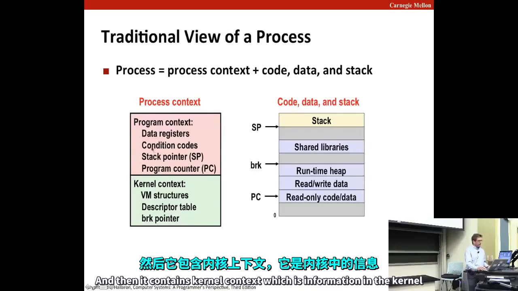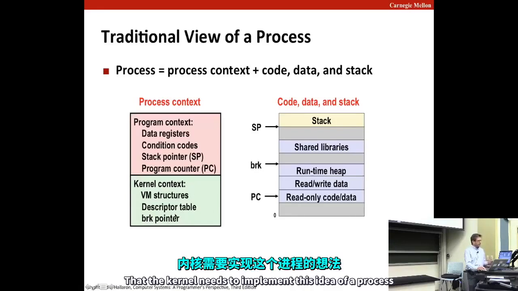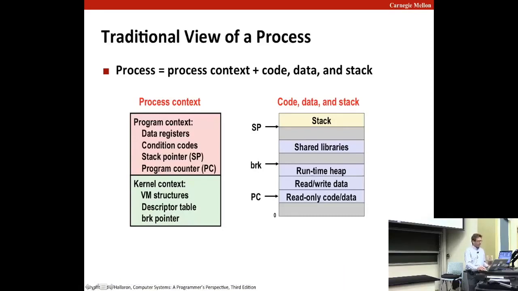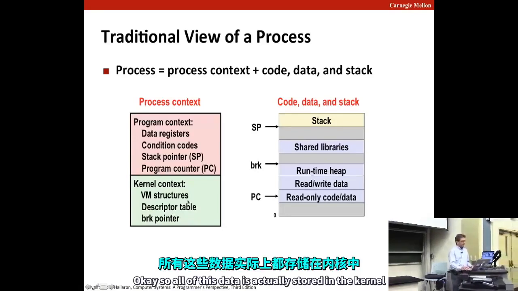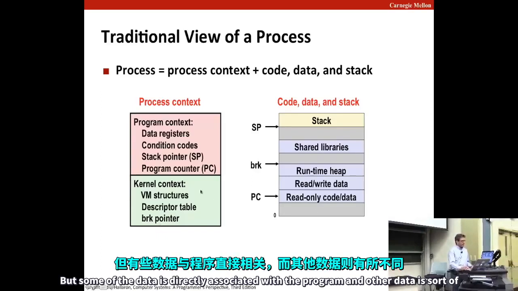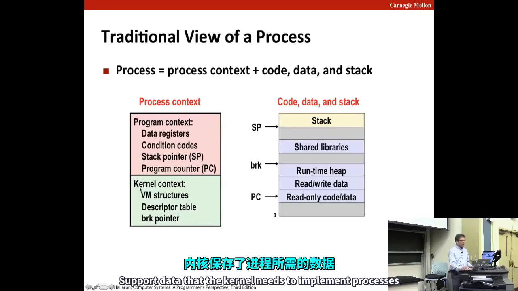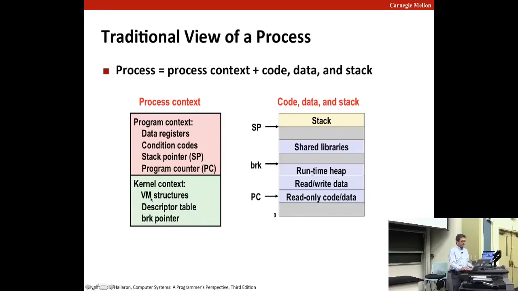And then it contains kernel context, which is information the kernel needs to implement this idea of a process. All of this data is actually stored in the kernel, but some of the data is directly associated with the program, and other data is support data that the kernel needs to implement processes.